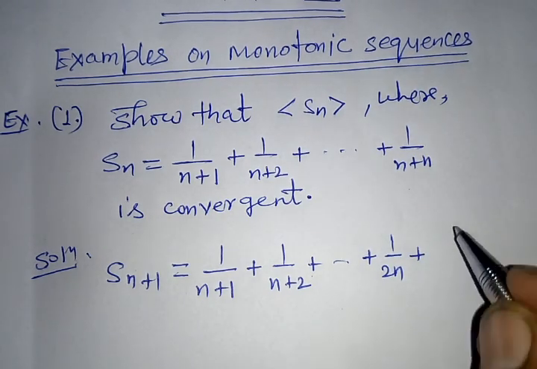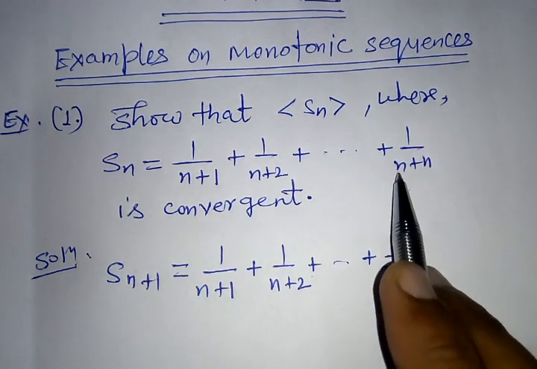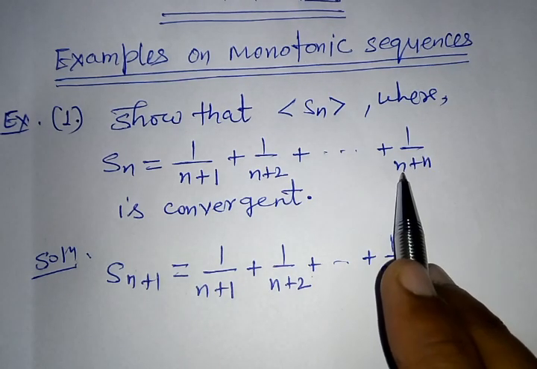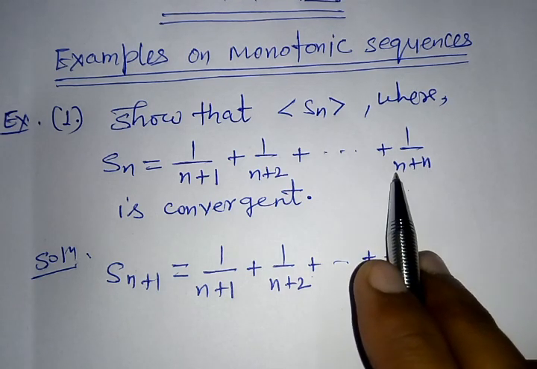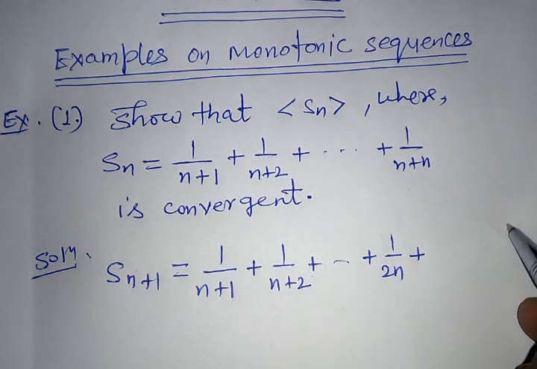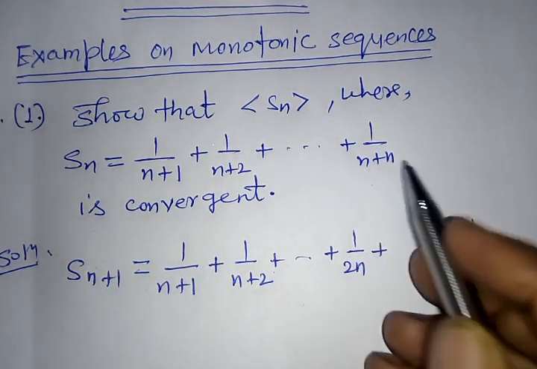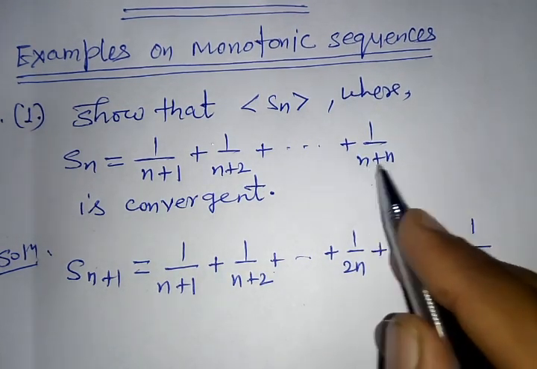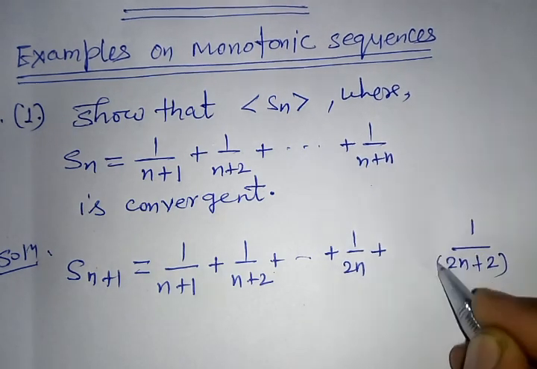plus last term will be what? N is replaced by n plus 1. So if we replace n by n plus 1, then last term will be 1 upon n plus 1 plus n plus 1, that is 2n plus 2.